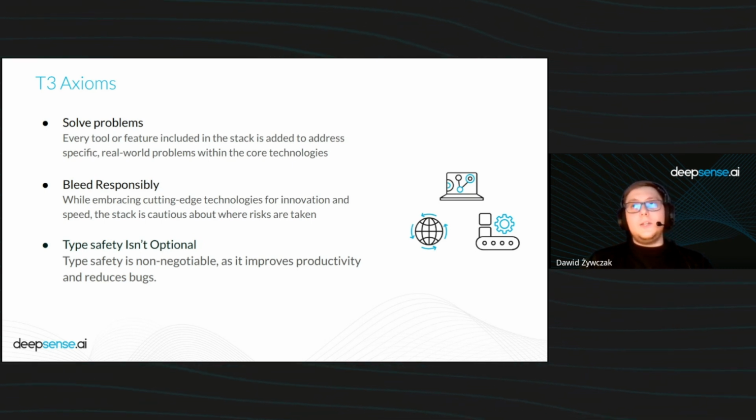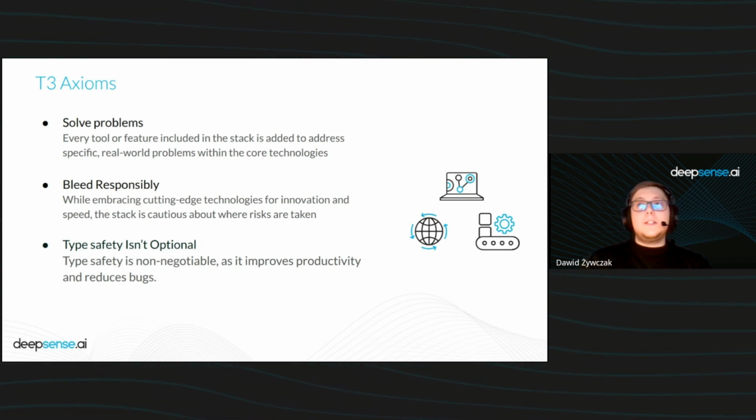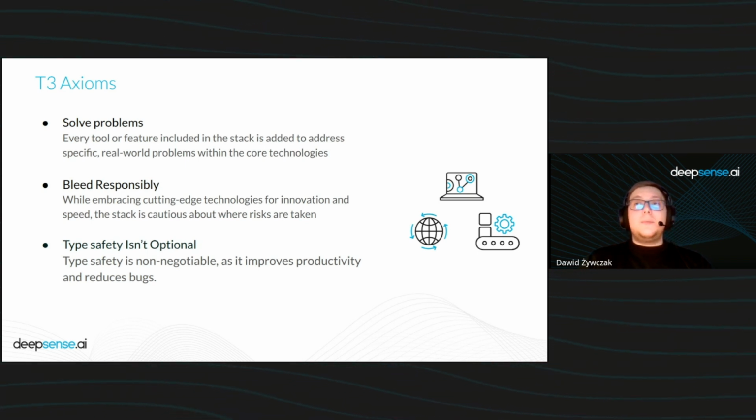Riskier technologies are adopted in safer areas, ensuring stability for critical components, like, for example, databases, while exploring new tools like tRPC, where transitions are simple. And the third axiom is type safety isn't optional, which means that type safety is not negotiable, as it improves productivity and reduces bugs. So now let's talk about main components of the stack.